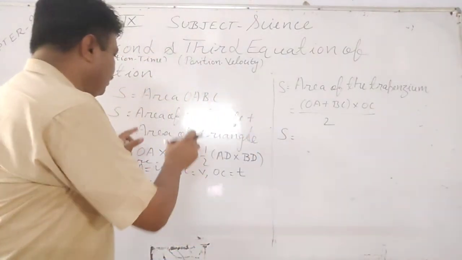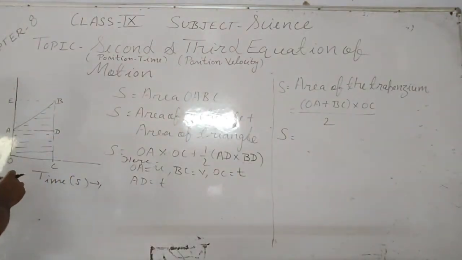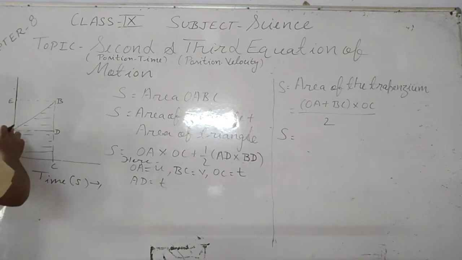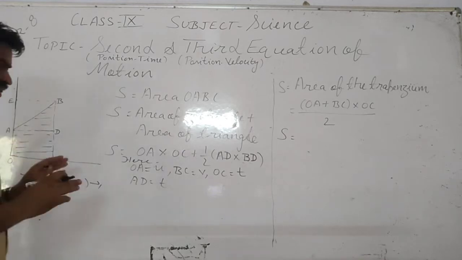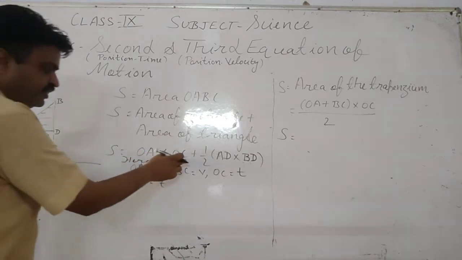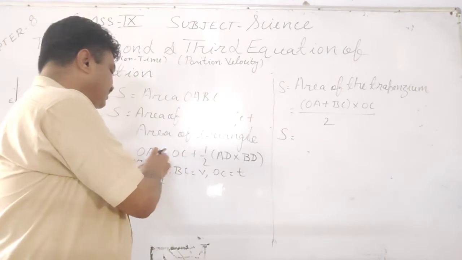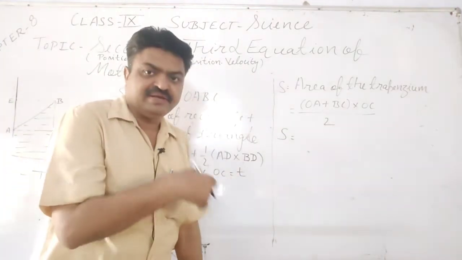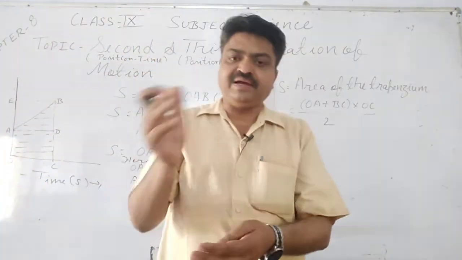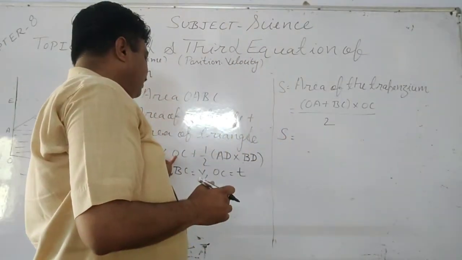Here OA is the breadth and OC is the length, or we can say length and breadth, and it represents the area of the rectangle.